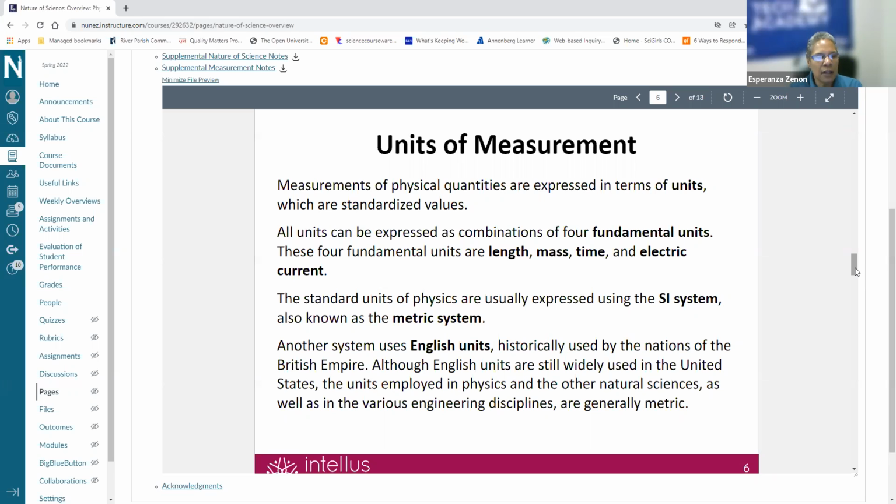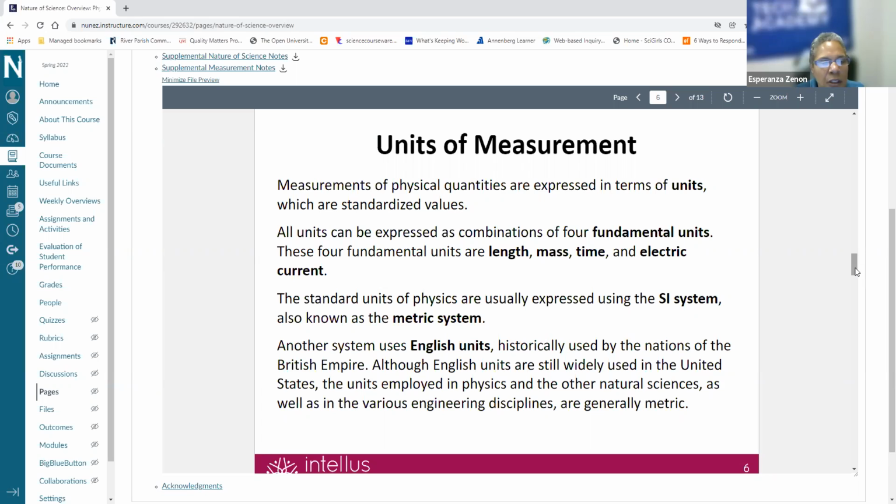Think of these fundamental properties as fundamental characteristics that we want to know about something in our physical environment. We want to know its length. We want to know its mass. We want to know how much time between 2 particular events. We want to know the temperature involved. So those are things that we can measure.